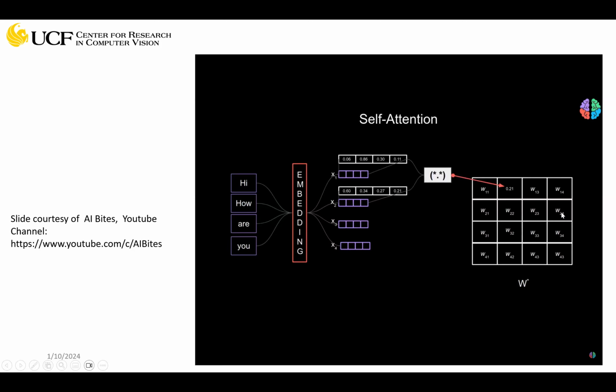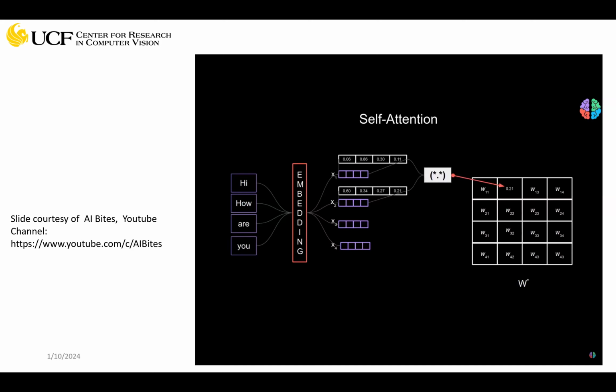So this is a matrix we get. This looks at the cosine similarity, how similar the first token is with the second token, third token. We want to pay attention: if it's very similar, we pay more attention.